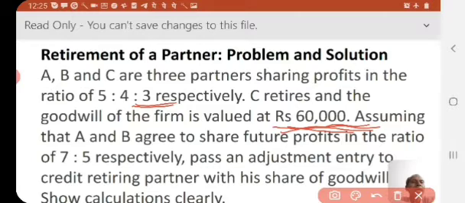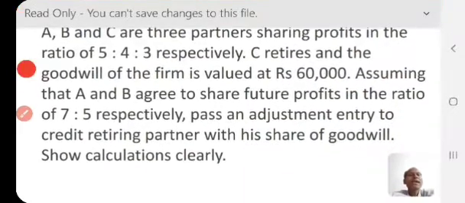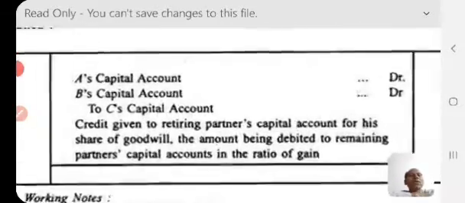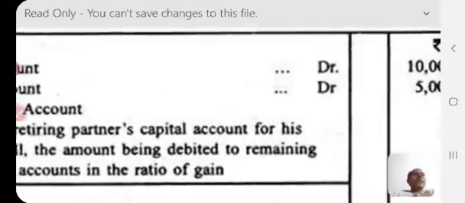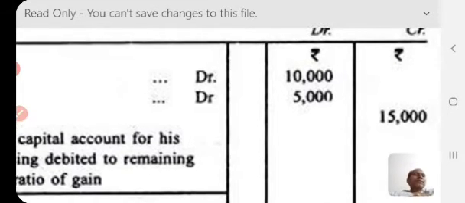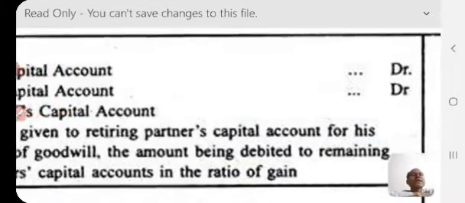Is it okay? Now shall we move further. So 15,000 is to be adjusted among A and B, 10,000 and 5,000.